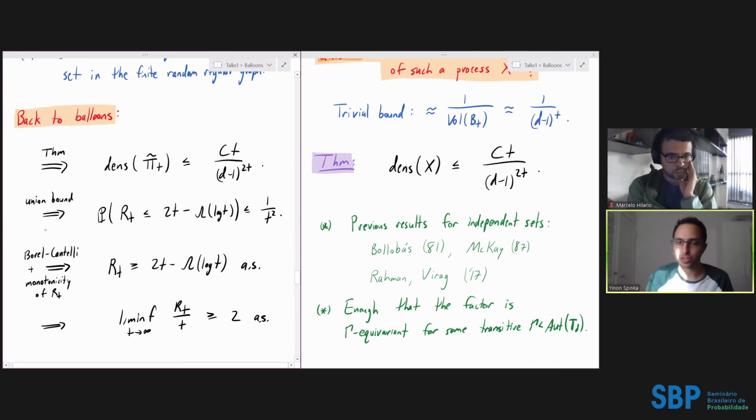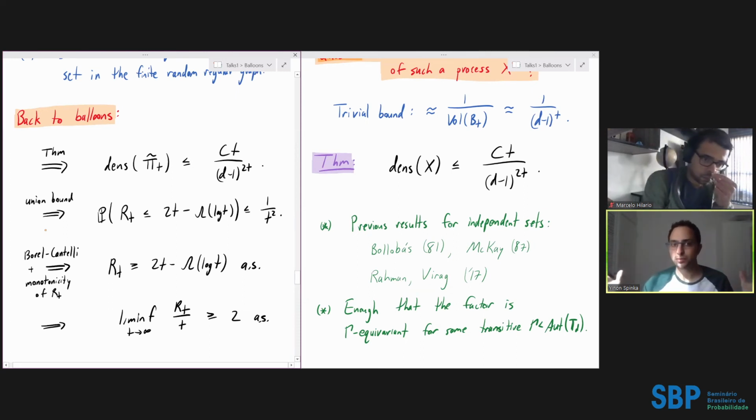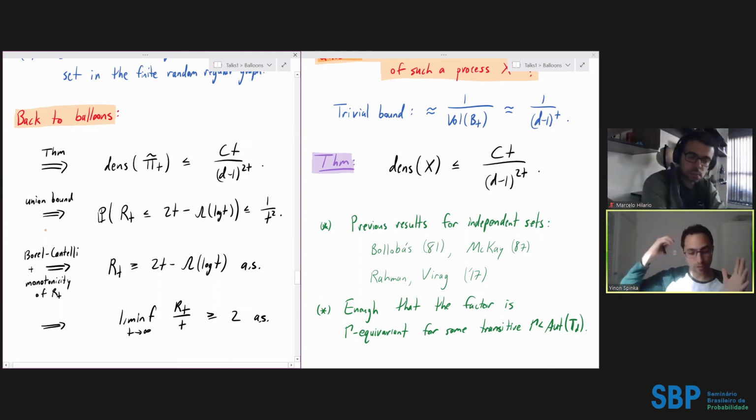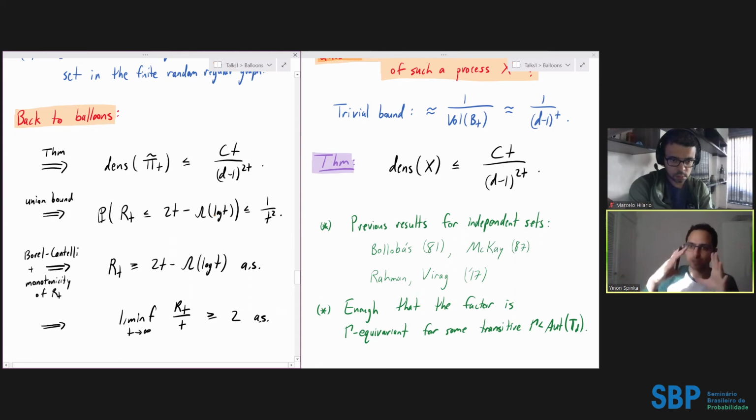Applying a union bound, just taking into consideration the volume growth, which is exponential, if you look at a ball of radius slightly less than 2t, and in fact, it's enough to look at 2t minus a large constant times log t, that volume is sufficiently small that you can just union bound and get that the probability is decaying, say, like 1 over t squared.